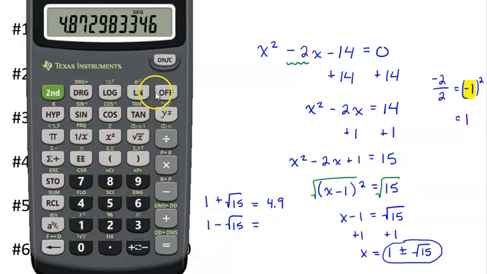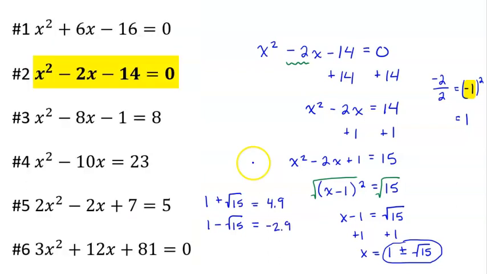For my second one, 1 minus 15 square root equals negative 2.9. And then I can write this out looking something like this. Depends on what test you're taking.